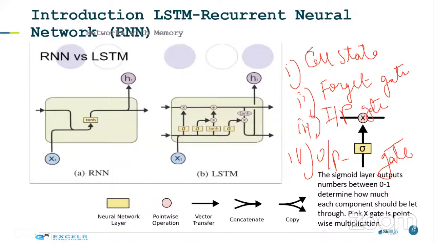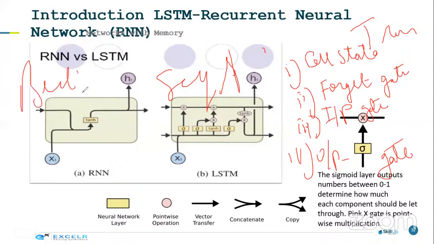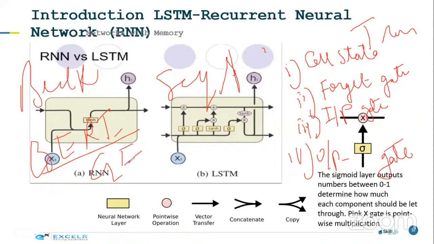This is a very beautiful concept, and there are many blocks built around this LSTM. Whenever people try to understand the transformer, the sequence to sequence architecture, or bidirectional RNNs, BERT is bidirectional encoder representations from transformers, and GPT is a generative pre-trained transformer.